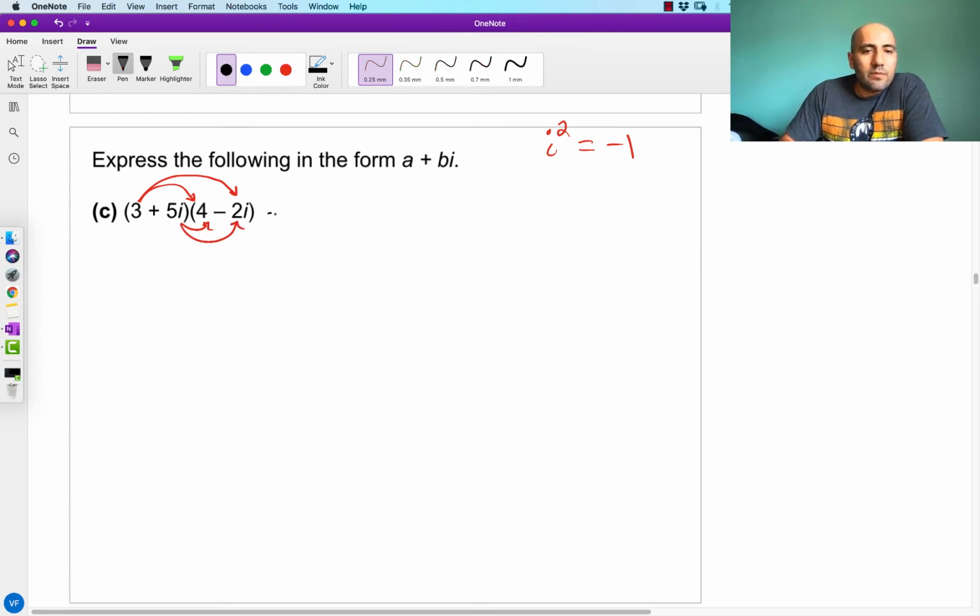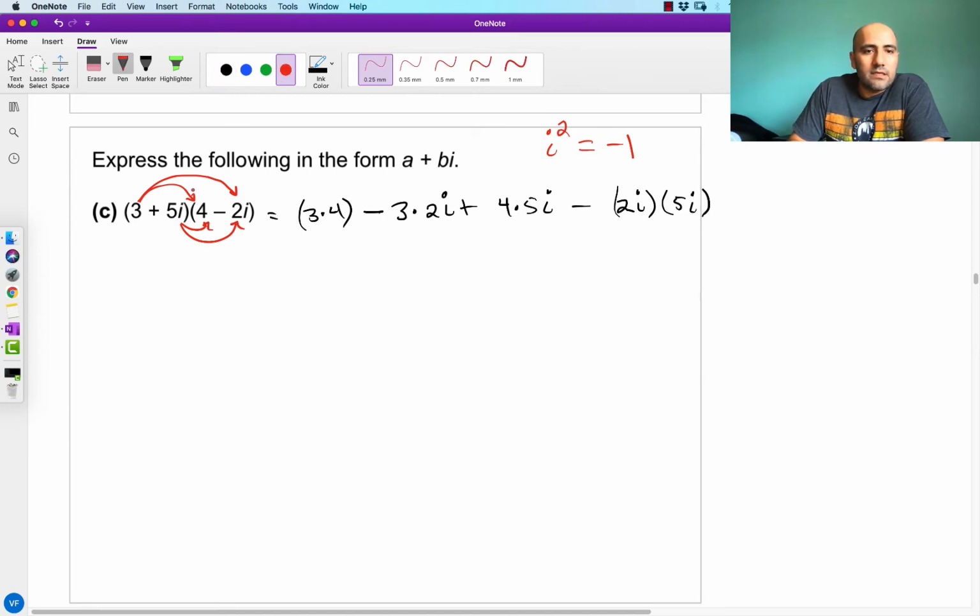So this is going to be equal to 3 times 4 plus 3 times negative 2i plus 4 times 5i minus 2i times 5i.